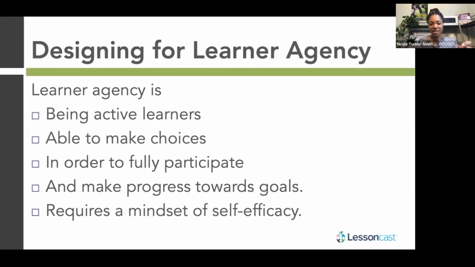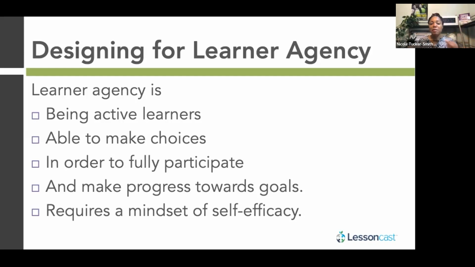Learner agency is when learners are able to be active. So they're active learners who are able to make choices in order to fully participate and make progress towards goals. So with agency, there's not a coercion thing. It's, I see that goal, I want to pursue it, and I can take the steps I need to as a learner to get there.